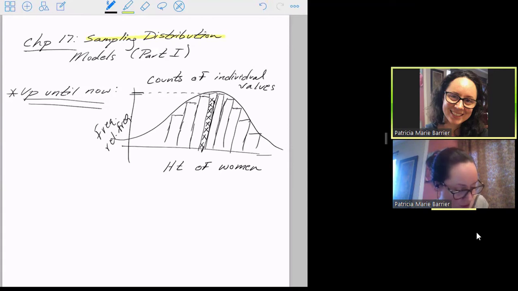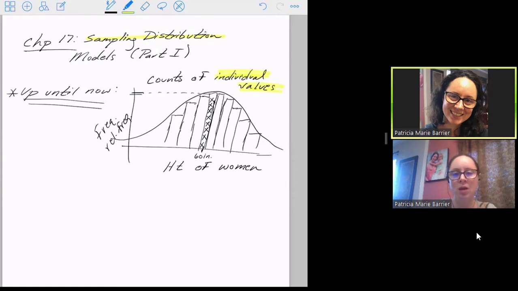Maybe it's 60 inches. So it used to be, up until now, that we were looking at what is the probability of an individual being this height. And we were asking questions like, what is the probability of an individual, singular? Because again, these pictures were individual values. This is very important, okay? This is an important transition.